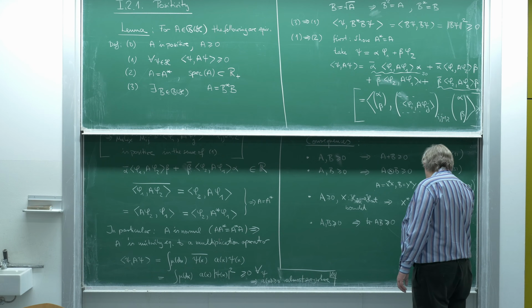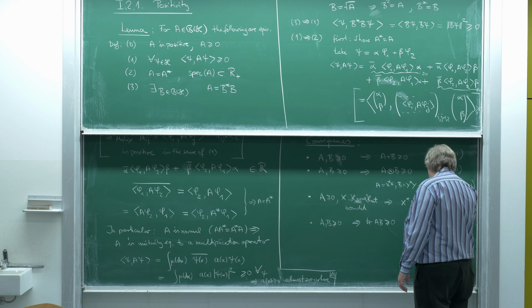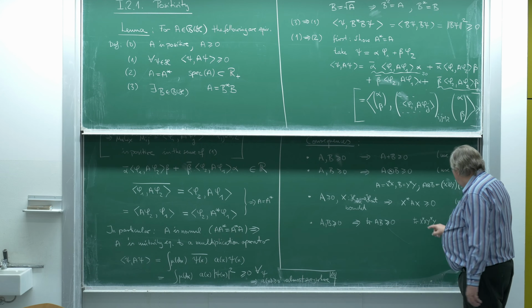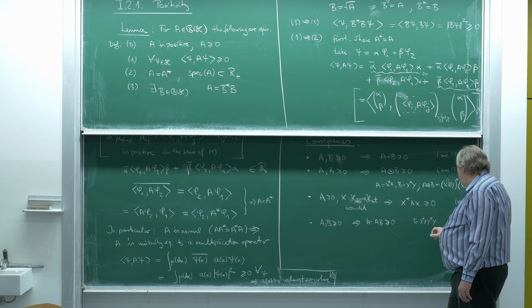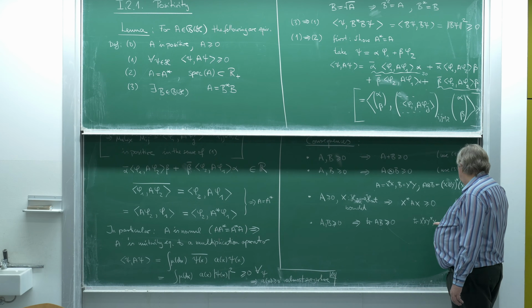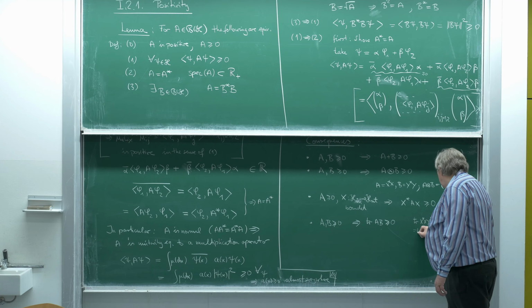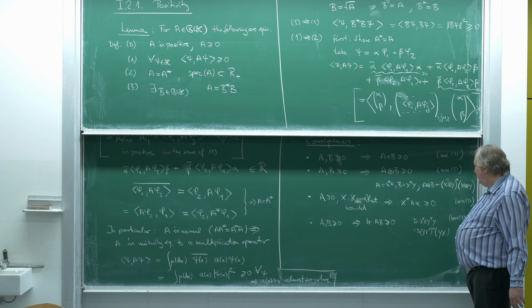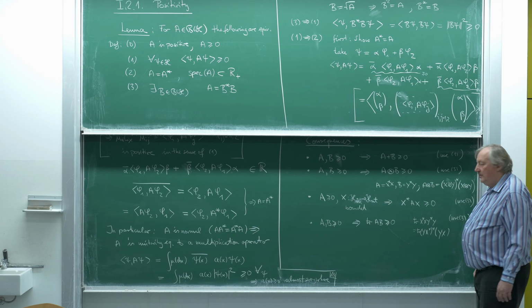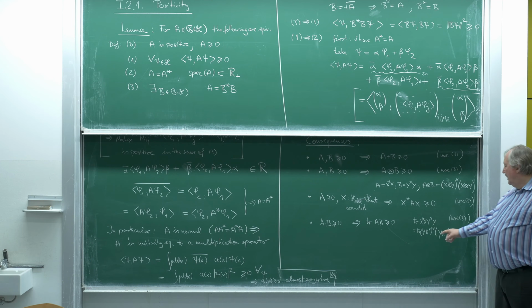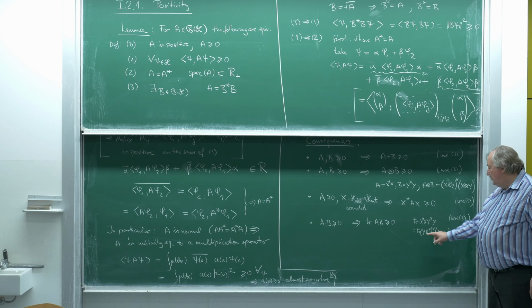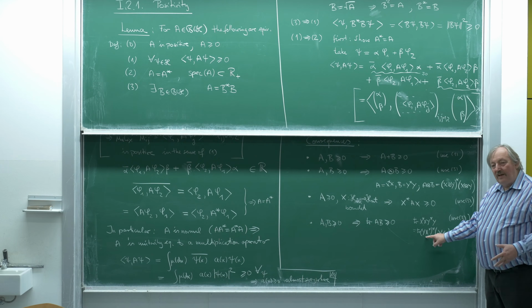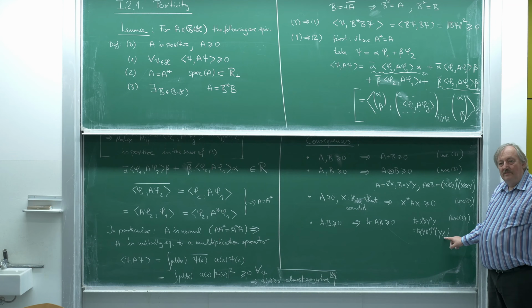We have x star x, y star y. And then we move that to the other side, so this is trace y x star x y. Sorry, my handwriting like that is not very good. So this trace can be written as something which is itself the trace of a positive operator.